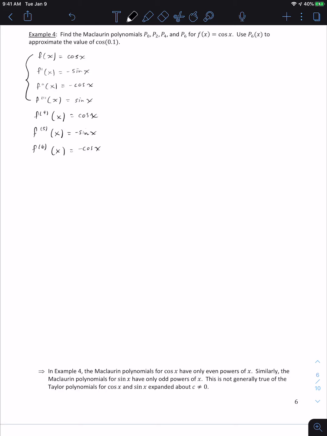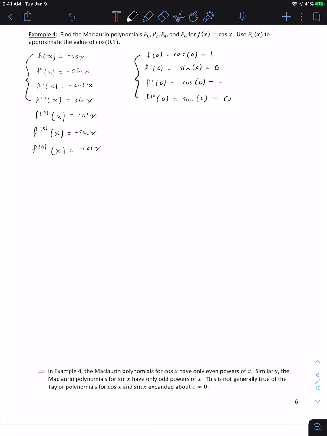And remember, I want all these derivatives at x equals 0 because it's a Maclaurin. So in other words, I need f of 0, which would be cosine at 0, which is 1. F prime of 0, which is negative sine at 0, which is 0. F double prime at 0, which is negative cosine at 0, which is negative 1. F triple prime at 0, which is sine at 0, which is 0.